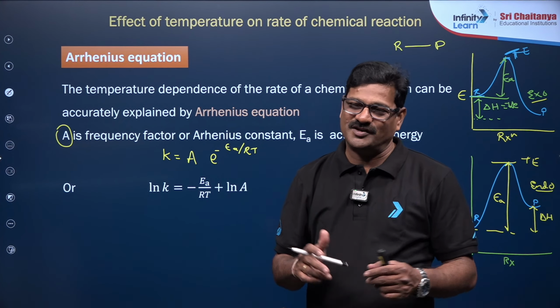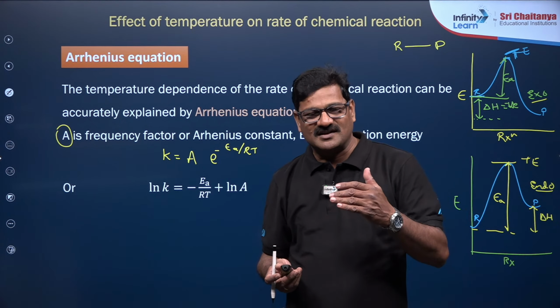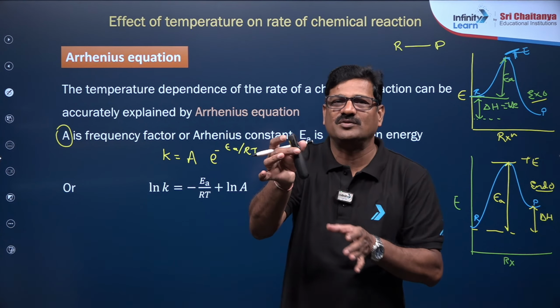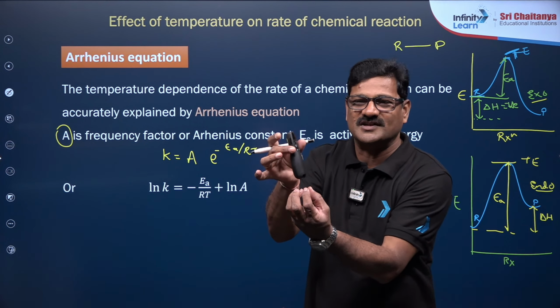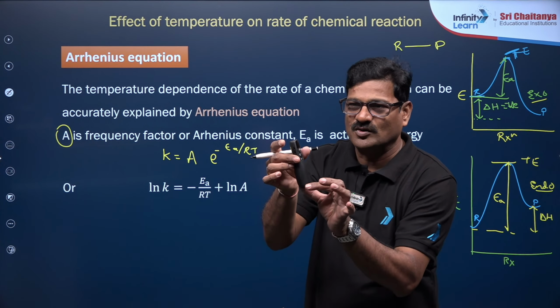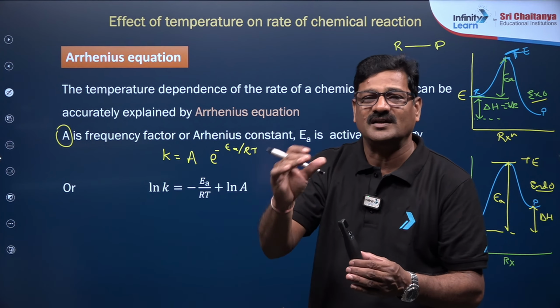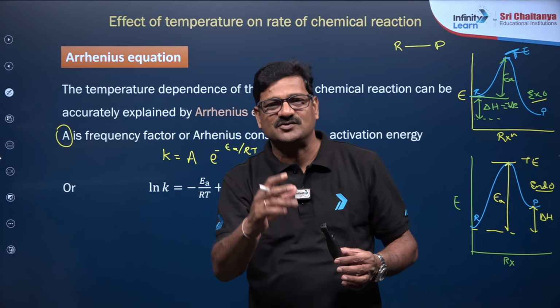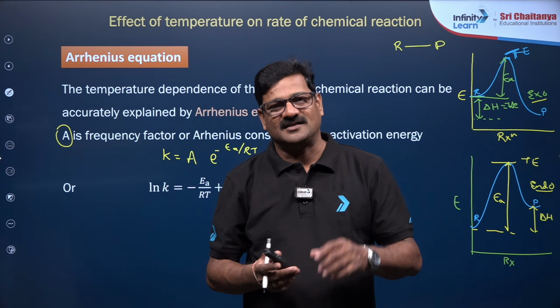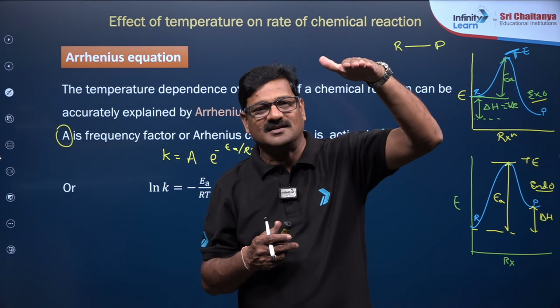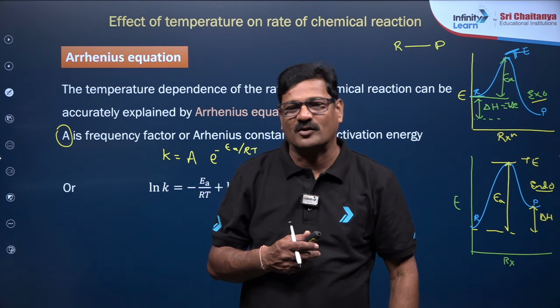Sajid, Rifat, fine. And to reach that threshold height, you need to throw with some energy, that is called activation energy. So in chemistry, activation energy is given by simply taking the reactant molecule in a test tube and heating it on a Bunsen burner, right? That is the activation energy you are giving by heating. Threshold energy means it has to go to that level, then only it can convert into the product.